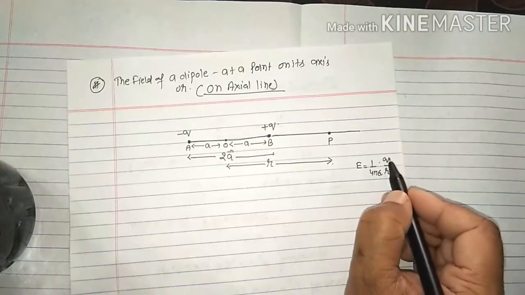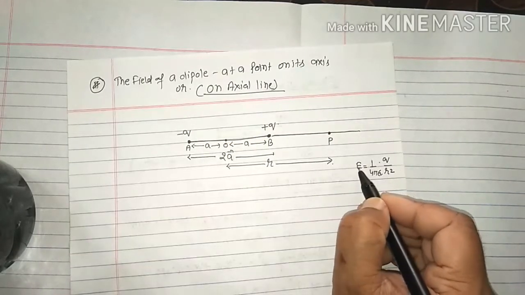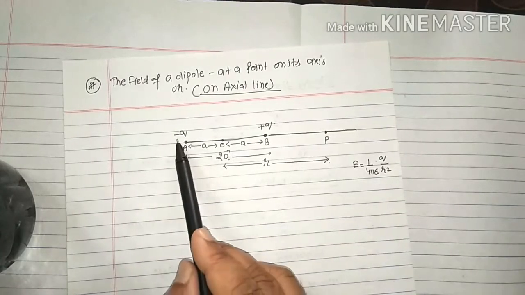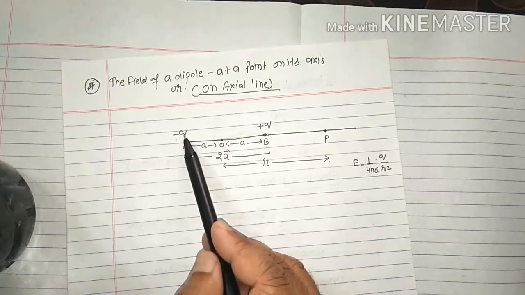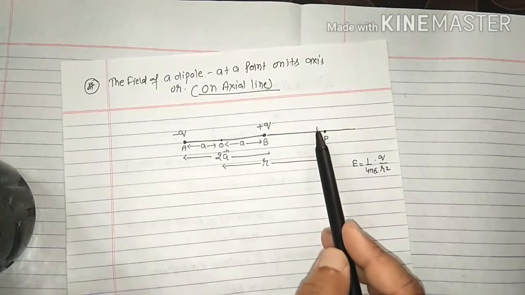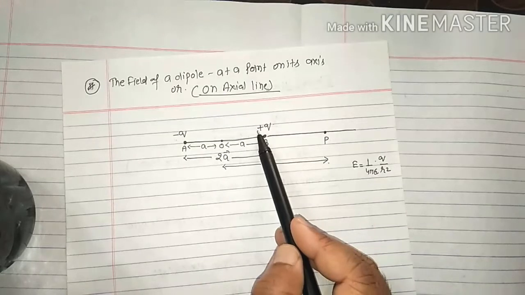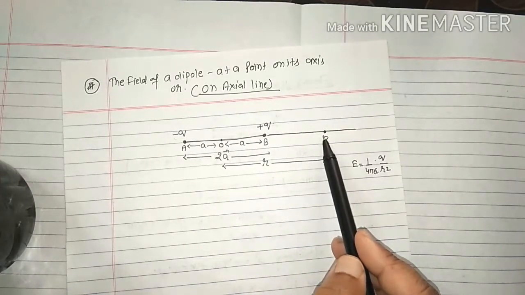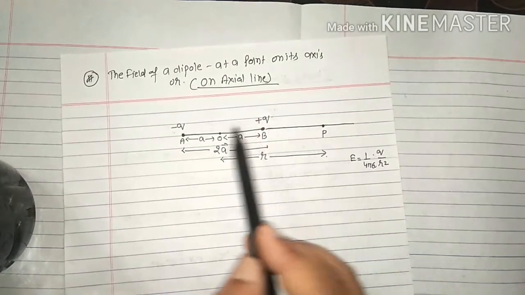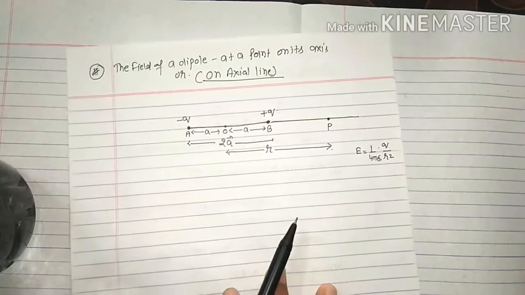Means a single charge can produce an electric field, but in this arrangement how many charges do we have? Two charges. So this minus q charge will produce an electric field at point P, as well as this plus q charge. So let me find the electric field produced by these two charges.